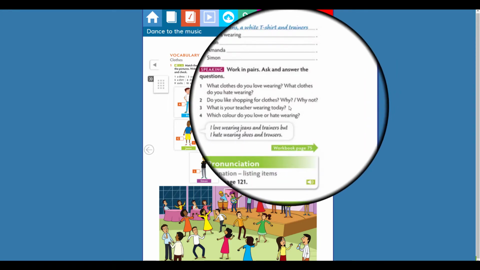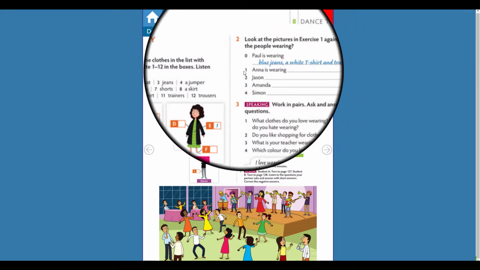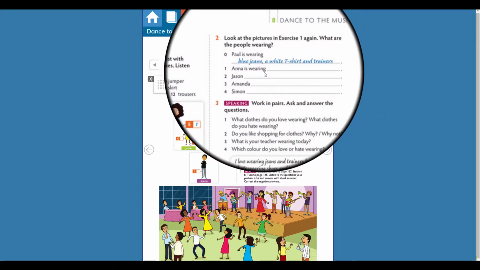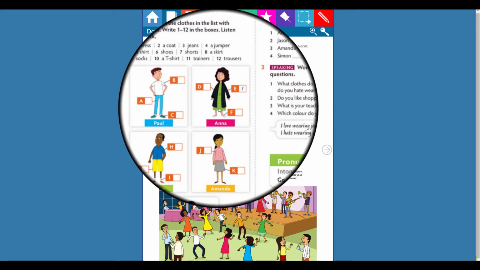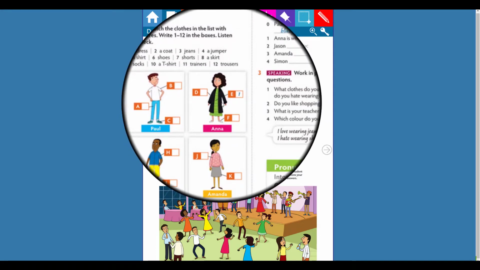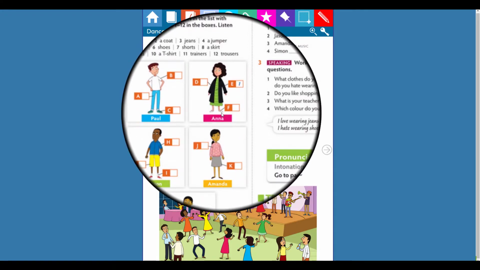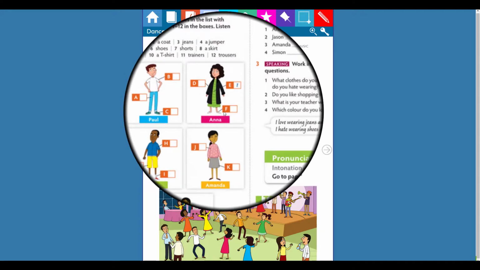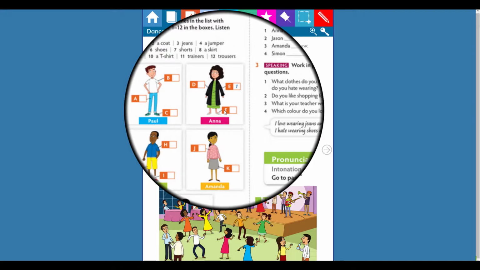Did you finish? Great, so let's check together. Number 1, Anna is wearing a green dress, black coat, and white shoes. Very good. En este caso, si lo hicieron no en el mismo orden que yo, está correcto.